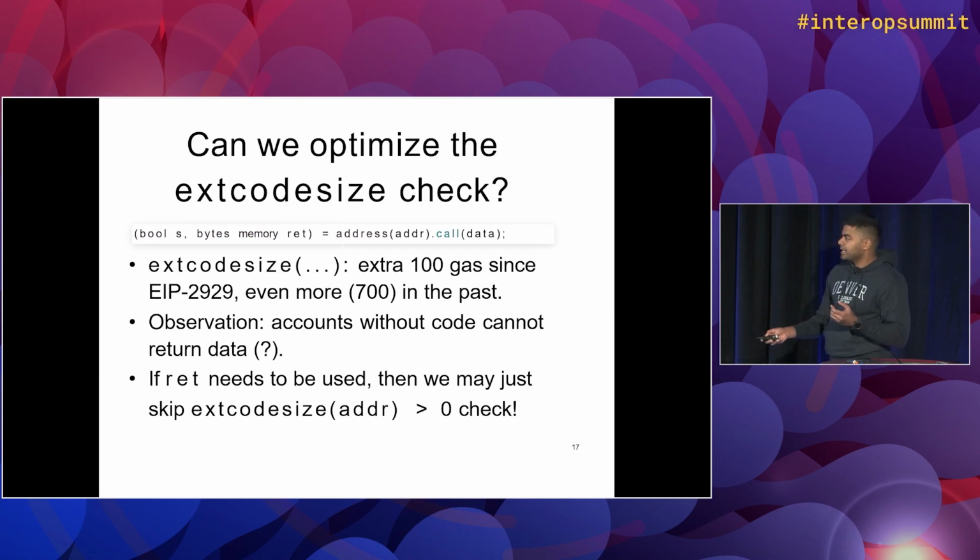So if we expect that the return data is going to be used somehow, and the empty case would revert anyway, then we might as well just skip this extcodesize check. We can save 100 gas by doing that.